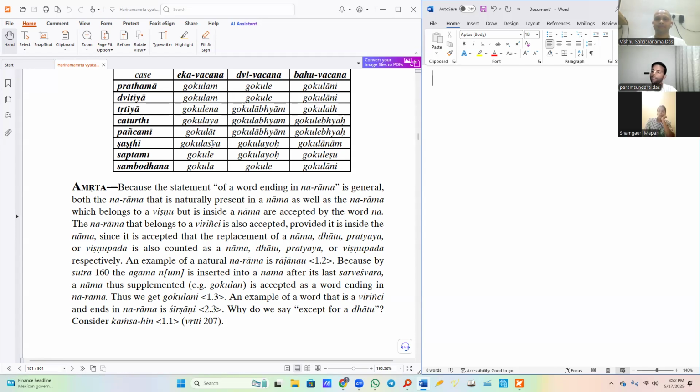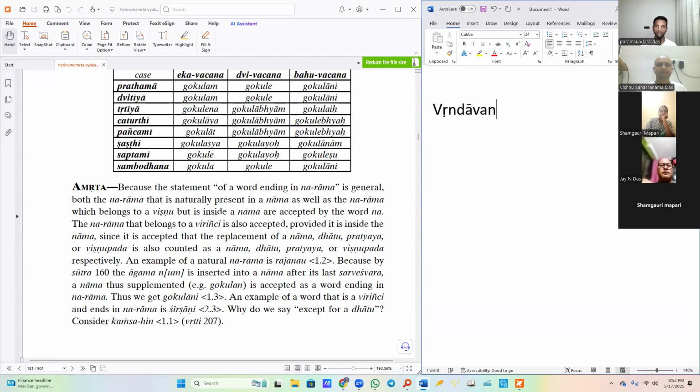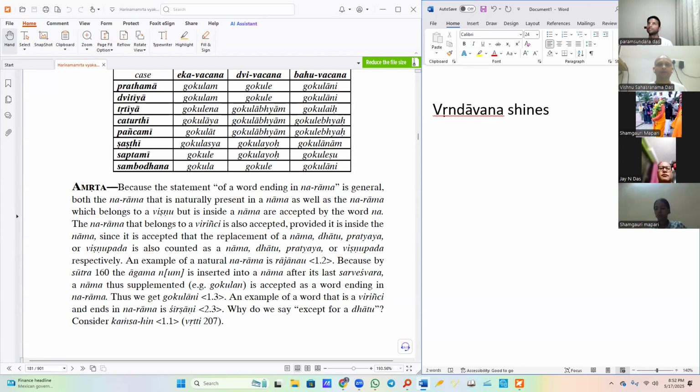An example for this one would be: Vrindavana, let's say, shines.